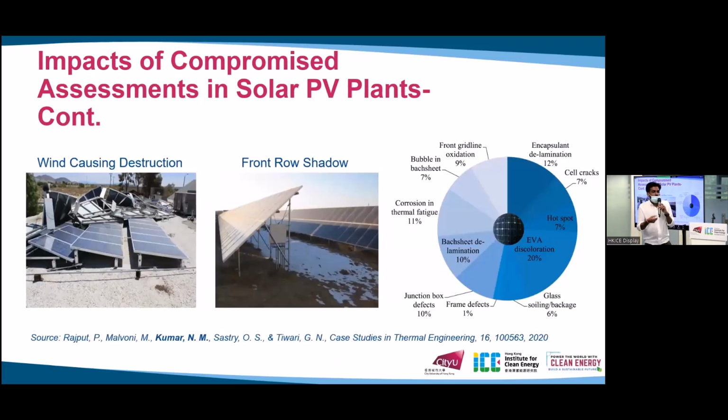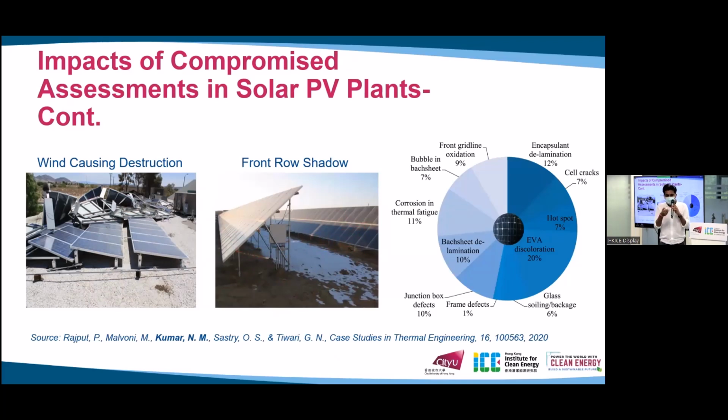And then we also saw other effects that are possible for solar power plants. Say wind causing destruction. If we don't install the supporting structures properly, if modules are not mounted with appropriately tested wind bearing capacities, they will have destruction. And also we have seen in most of the PV plants installed, a front row shade is falling on the second row.